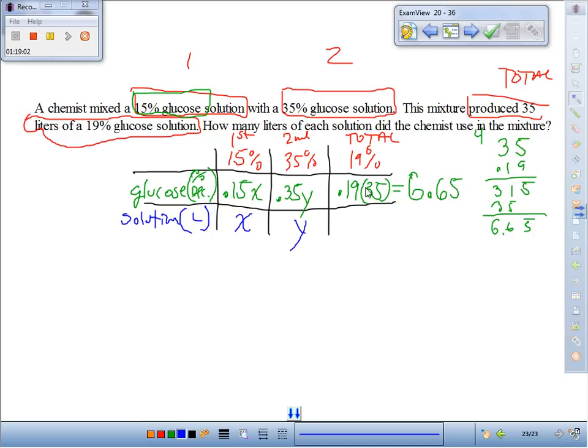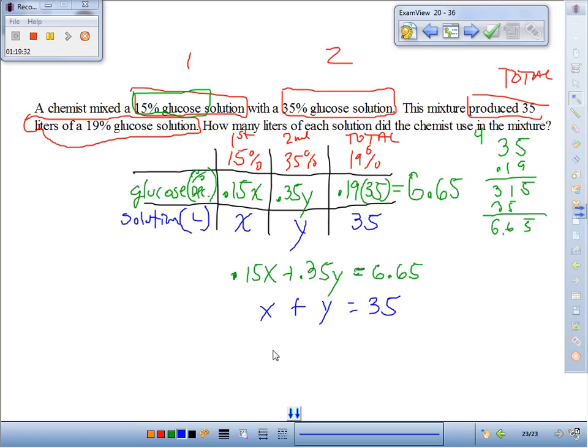No. How about the total? 35. So let's set up our equation. The first equation is 0.15x plus 0.35y equals 6.65. Our second equation is x plus y equals 35.